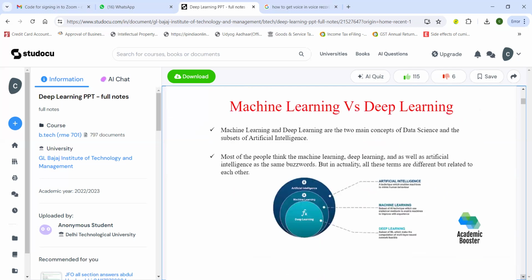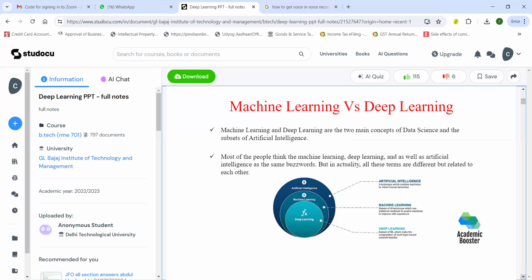If we compare machine learning with deep learning, they are the two main concepts of data science and subsets of artificial intelligence. Most people think machine learning, deep learning, and artificial intelligence are the same buzzword. But actually, all these are different, though somehow related to each other.